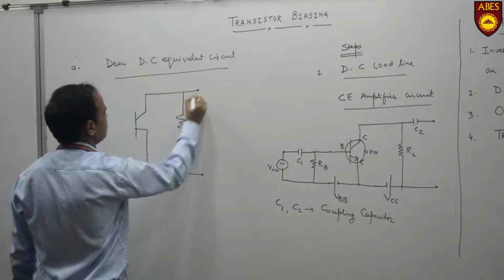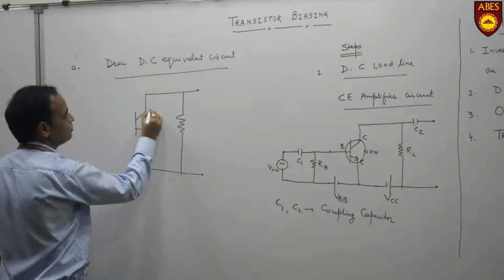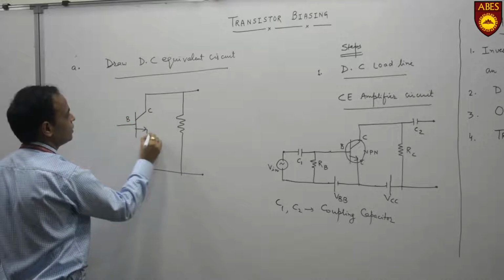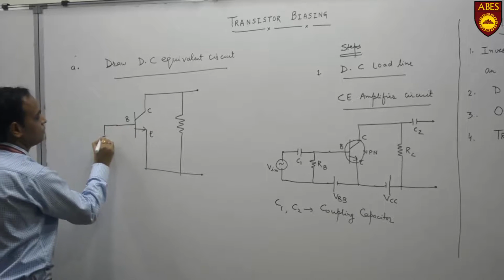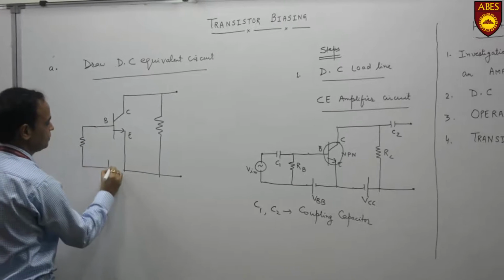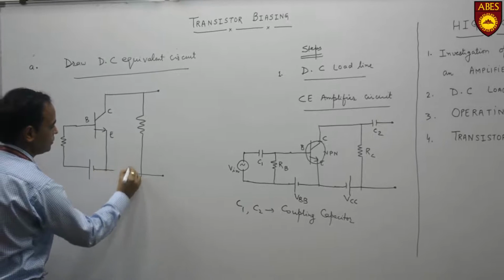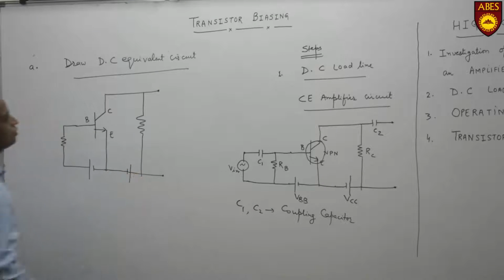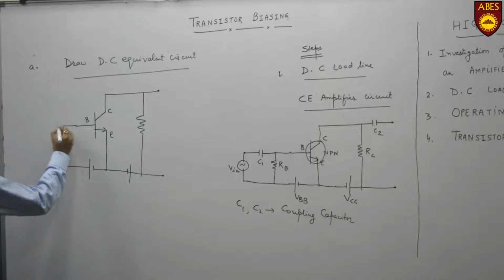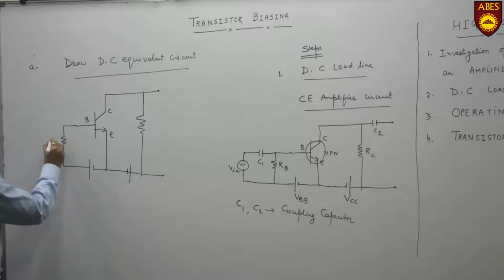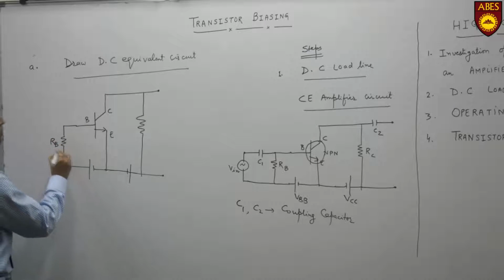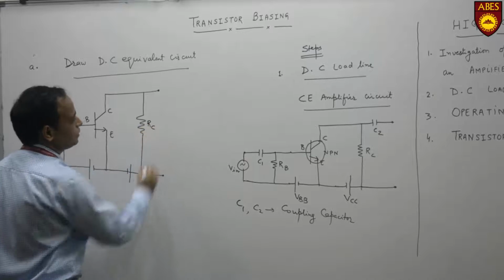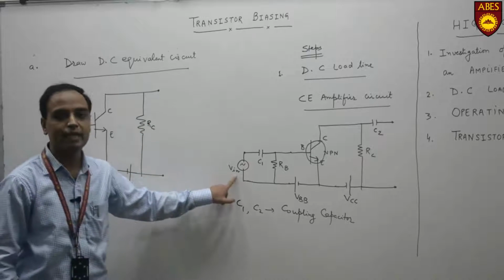First, we have to remove the coupling capacitors, which are C1 and C2, and we have to remove the AC input signal which needs to be amplified.